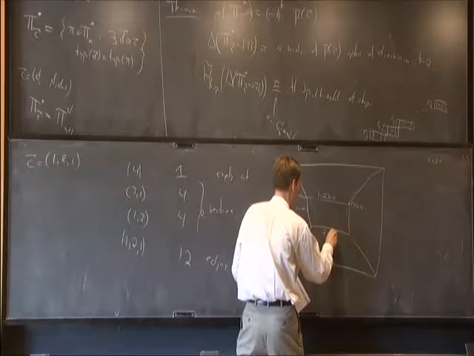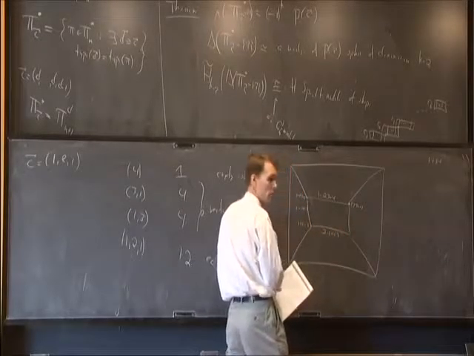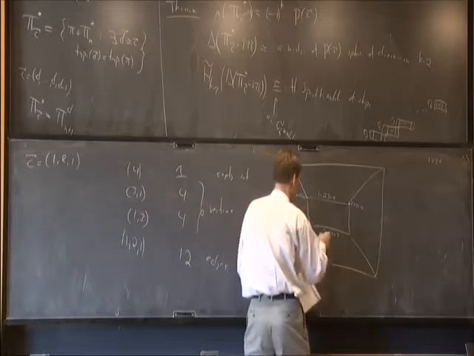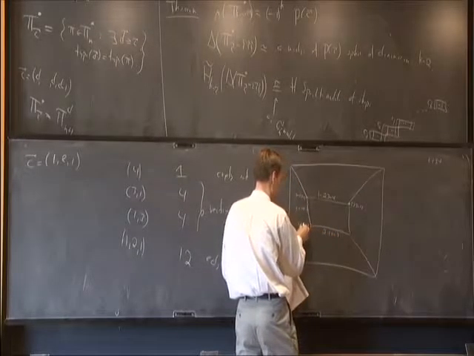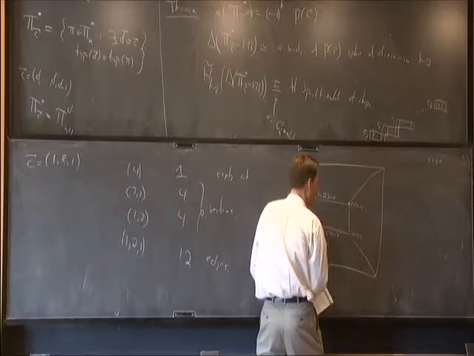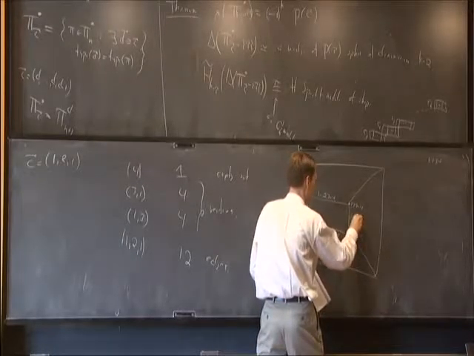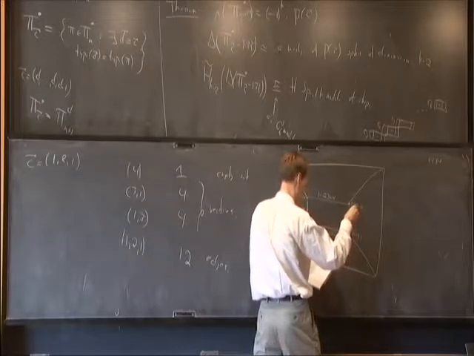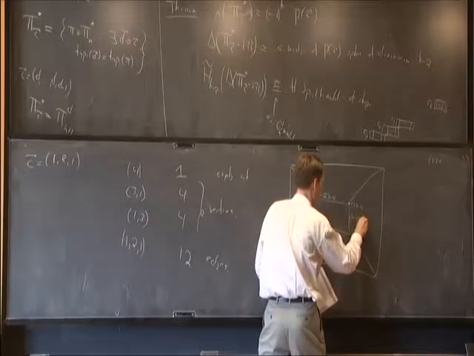Here I have the edge 2, 1, 4, 3. Then joining the first two, I go here. Then the last one here, I get 2, 1, 4, 3. And this edge here is 2, 1, 3, 4.